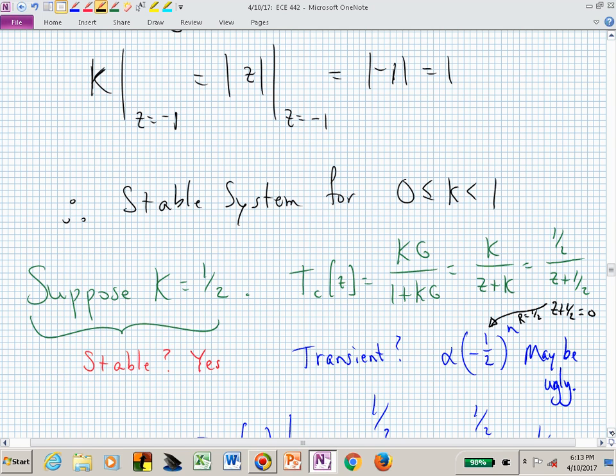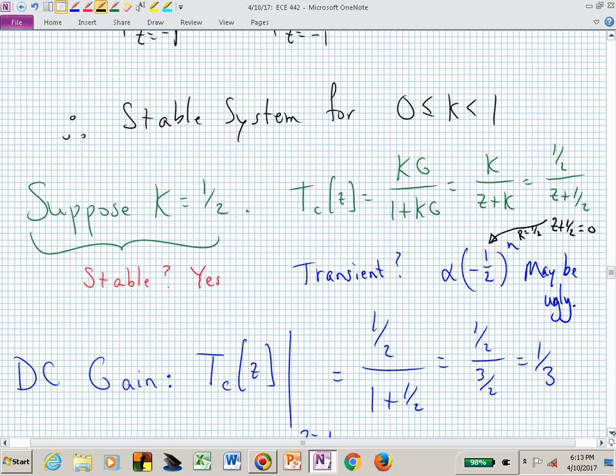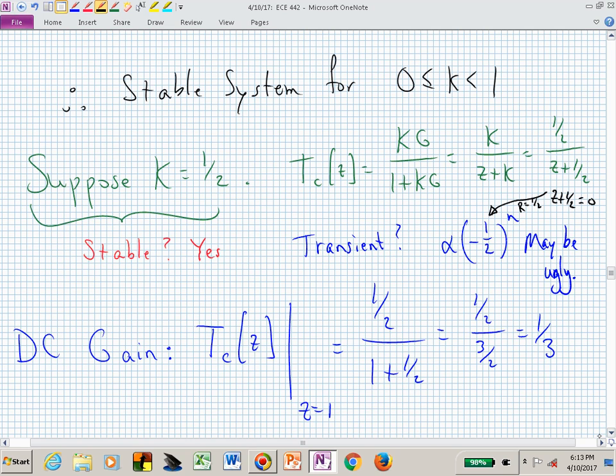What's the DC gain of our system? With k equal to 1/2, now I'm calculating the DC gain for k equal to 1/2. Our closed loop transfer function hasn't changed. It's still 1/2 over z plus 1/2, but the DC gain we find by evaluating that at z equal to 1.